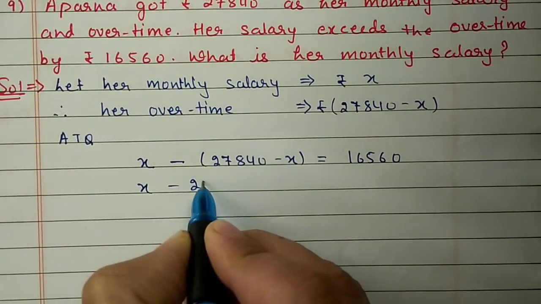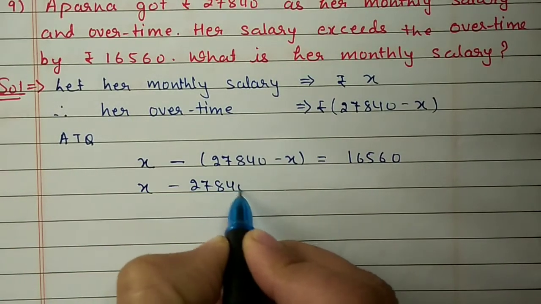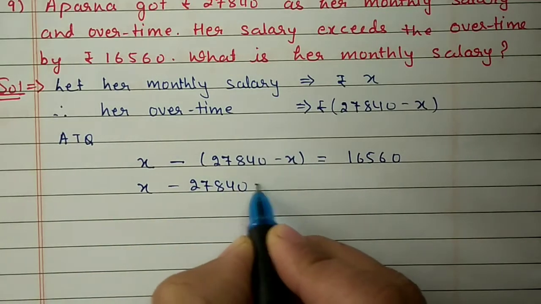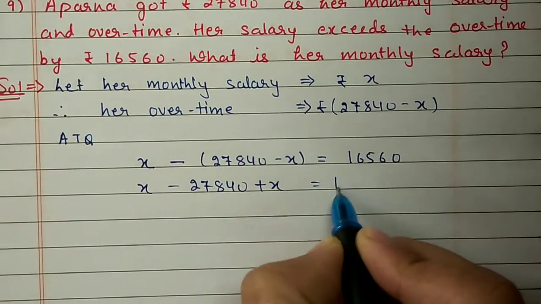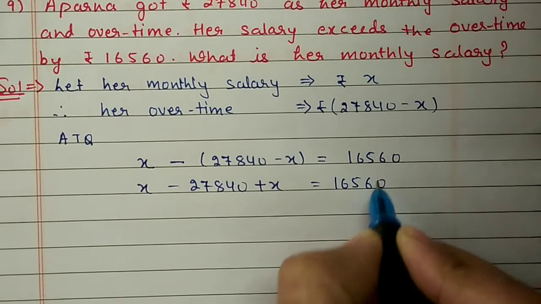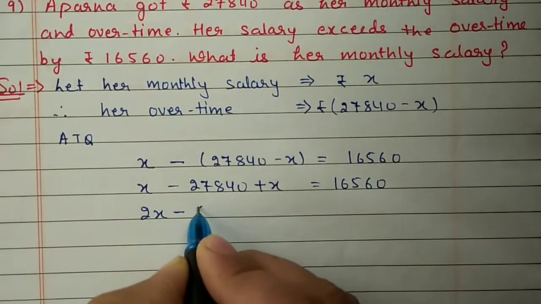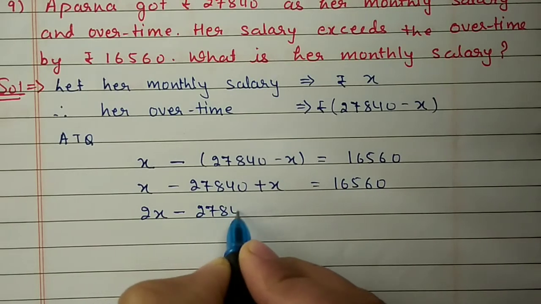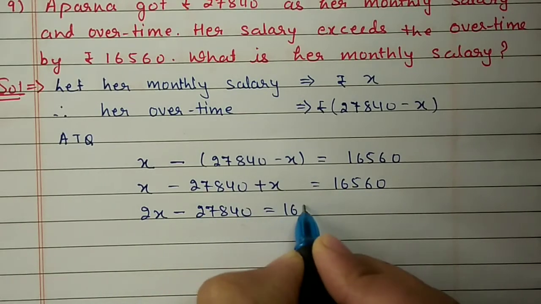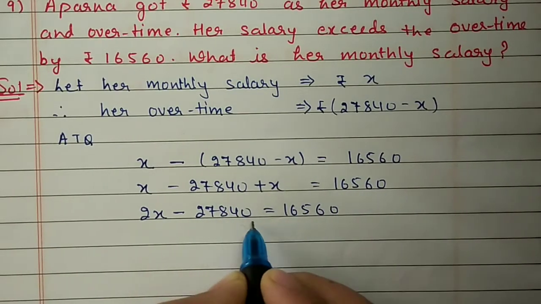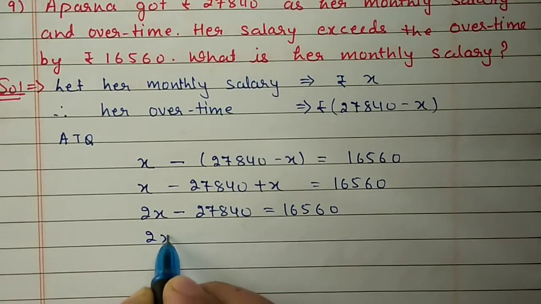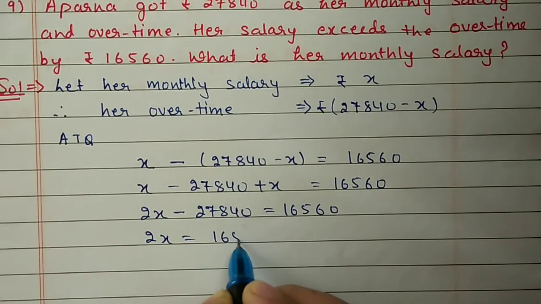Now we will remove this bracket. X minus 27,840, and here minus and minus will become plus X is equal to 16,560 rupees. X plus X will become 2X. Other remaining numbers as it is. Now this 27,840 we can shift to the other side, it will go for addition.